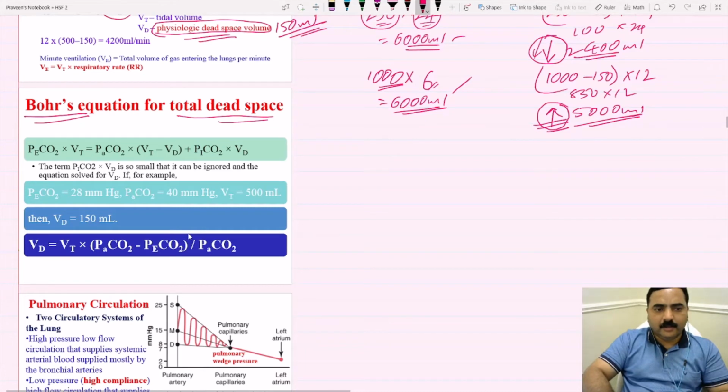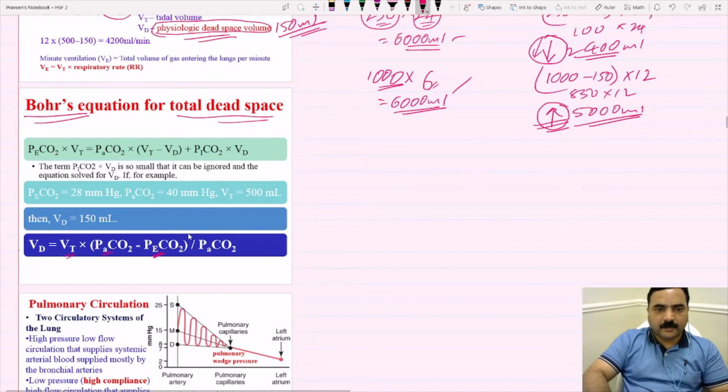There is a mnemonic that is given to memorize this equation. Dead space is equal to tidal volume multiplied by partial pressure of carbon dioxide in the arterial blood minus the partial pressure of carbon dioxide in the expired air. So there is the tidal volume, the partial pressure of carbon dioxide in the arterial blood, and the partial pressure of carbon dioxide in the expired air.